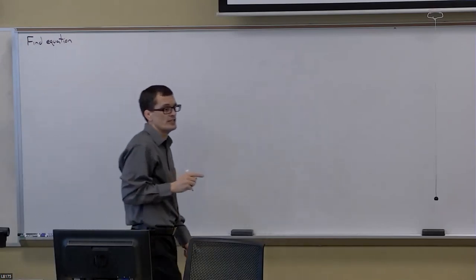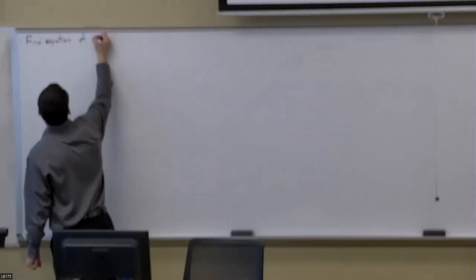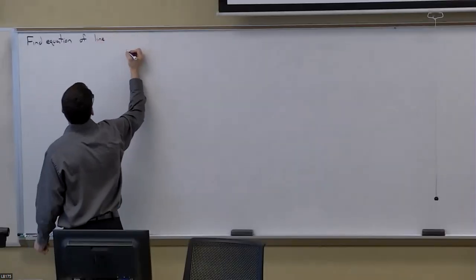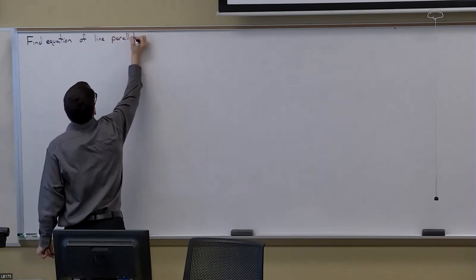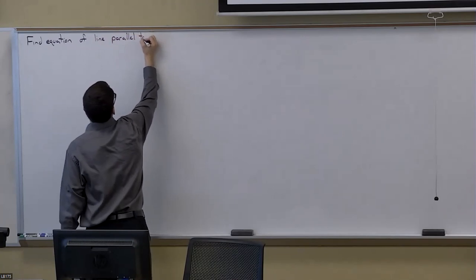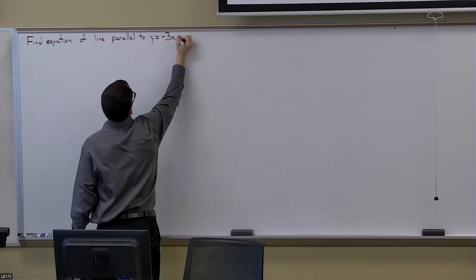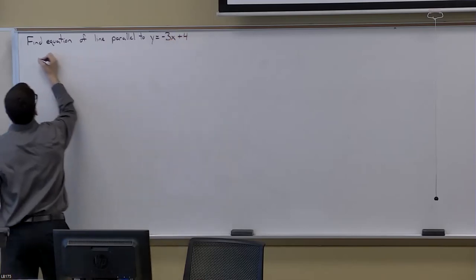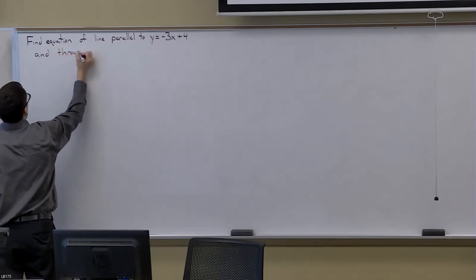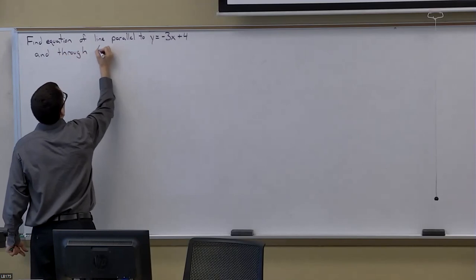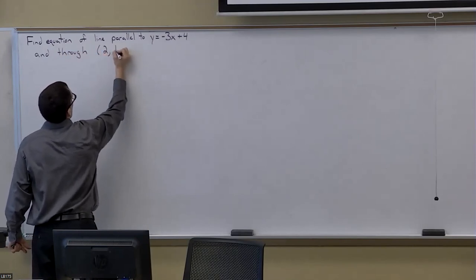Find the equation of a line that is parallel to some other line, let's call it y equals -3x plus 4, and goes through the point (2, 11).